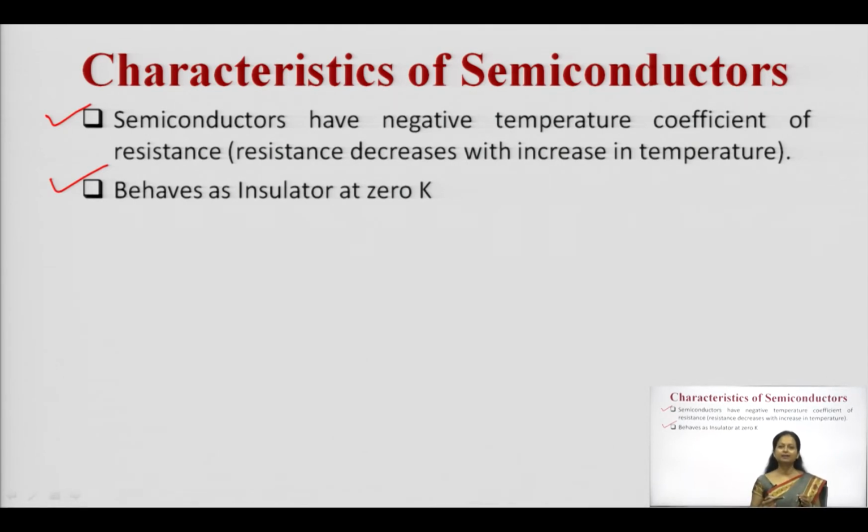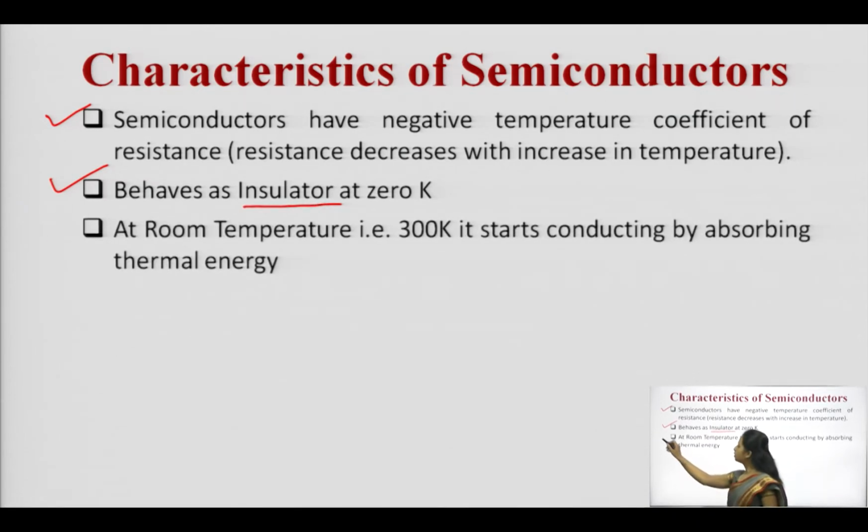At 0 Kelvin, the electrons in the valence band do not get sufficient energy to reach the conduction band and participate in the conduction process. When there is no movement of electrons from the valence band to the conduction band, there is no conduction. It means it behaves as an insulator.